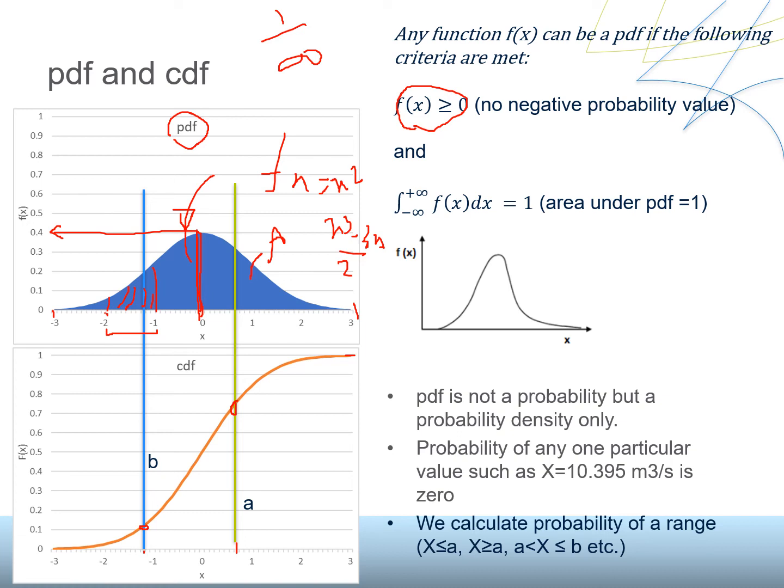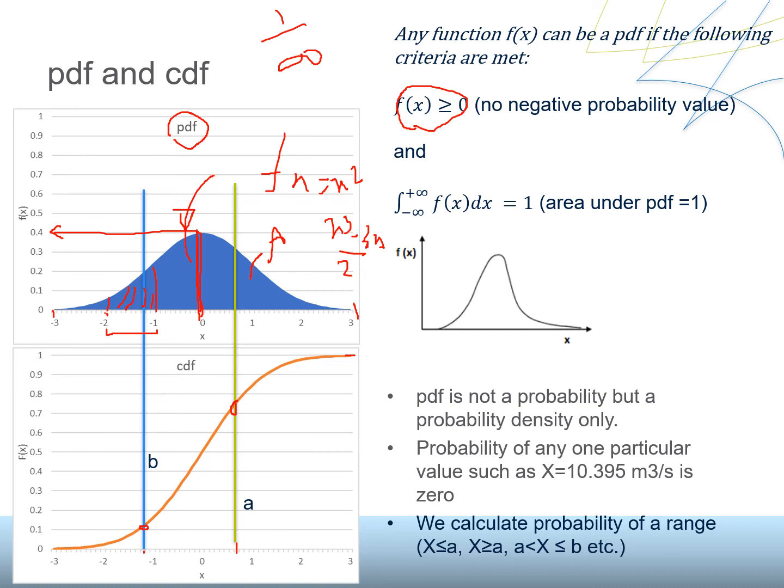What we say is, what is the probability of x is less than 0, or x is more than 0, or x is between 0 and 1, 0 and -1, 2 and 3. We talk about the range, or less than something or more than something. We don't talk about one particular value, because the probability of any particular value is by definition 0.